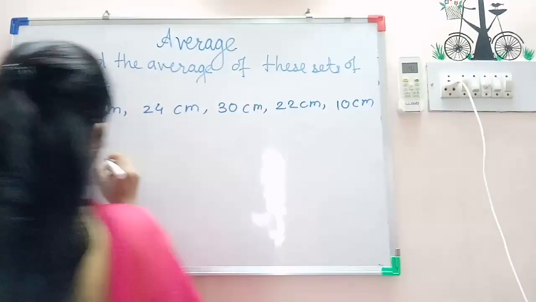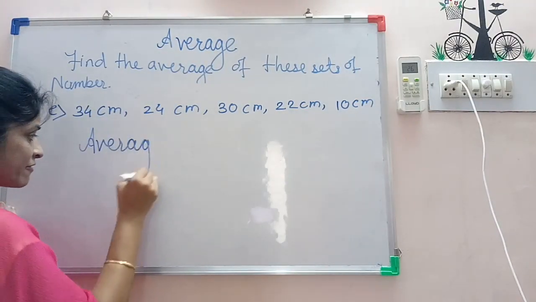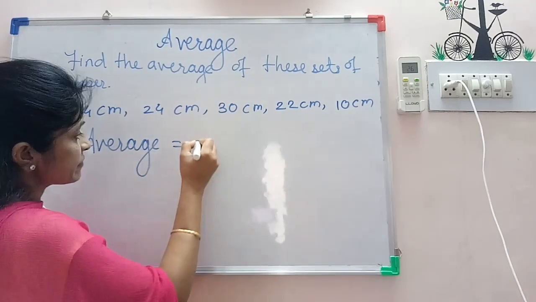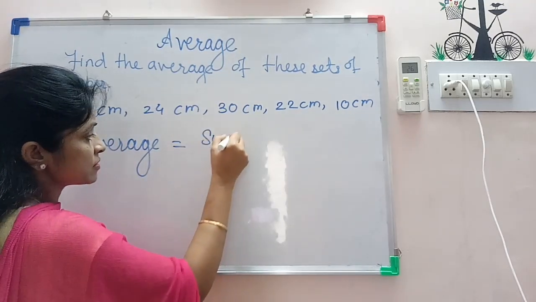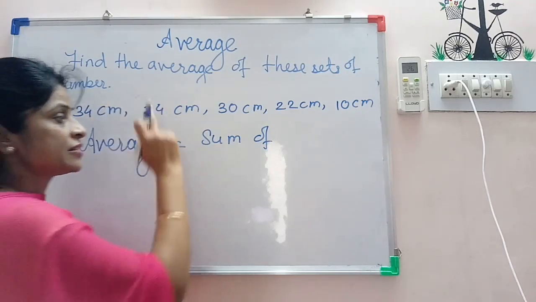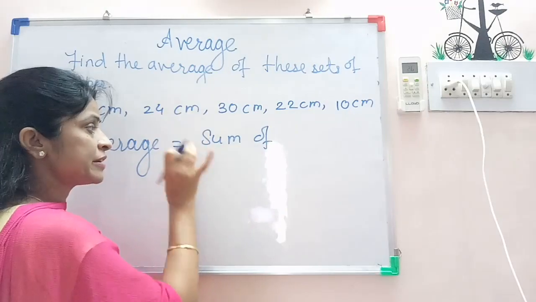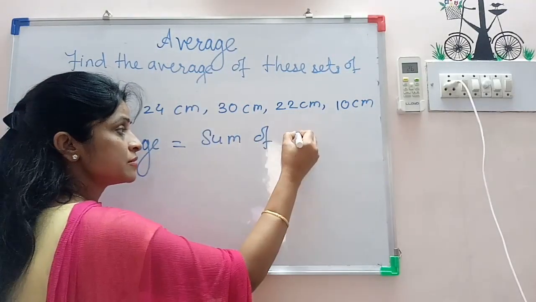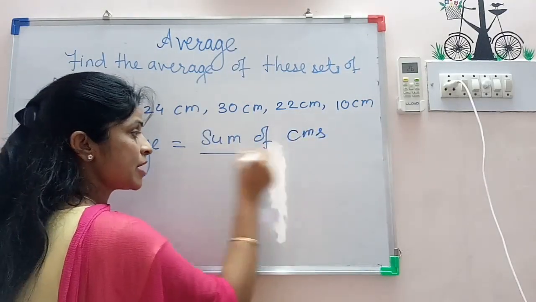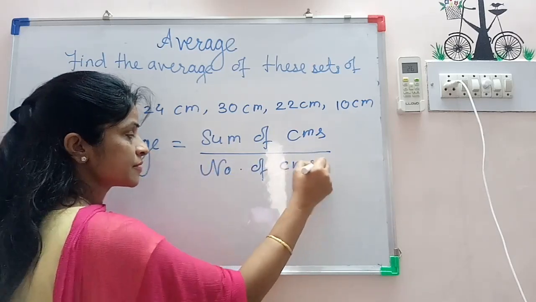Now first of all we will write the formula for the average. Now average is equal to sum of, we are doing the sum of centimeters, so we will write what the quantity is given. It is given in the centimeter. So we will write the sum of centimeters divided by number of centimeters.